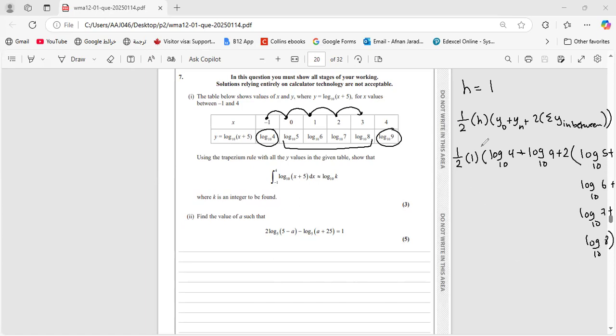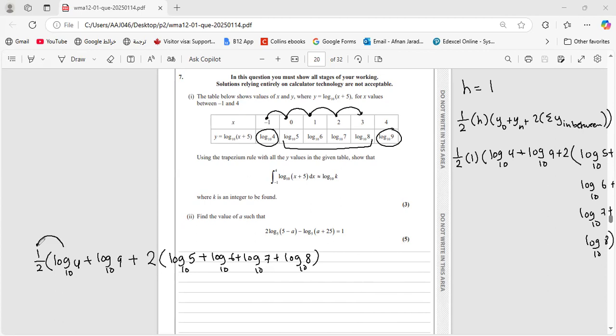To solve this, you have half outside, multiplied by log 10(4) plus log 10(9), plus 2 multiplied by log 10(5) plus log 10(6) plus log 10(7) plus log 10(8). First simplify your parentheses.